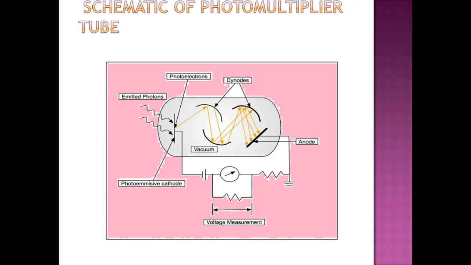That's why the name is multiplier tube. This is the way the photomultiplier tube works, and this is a simple explanation of the photomultiplier tube.